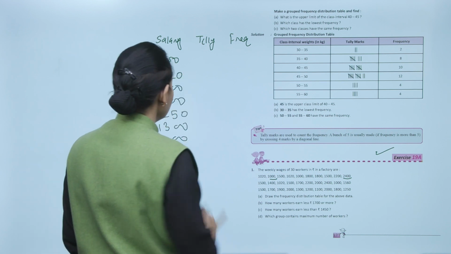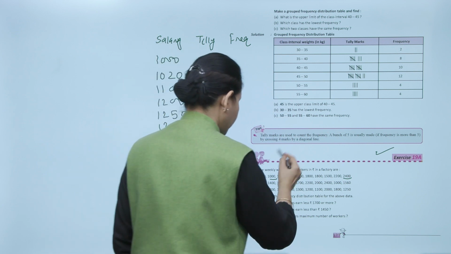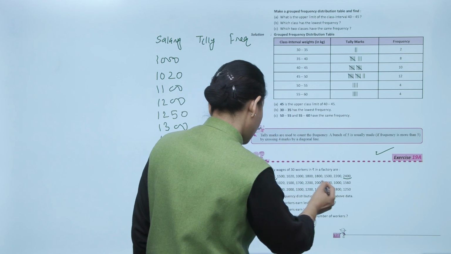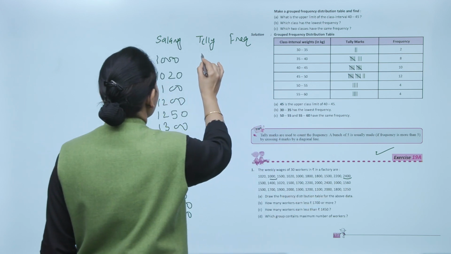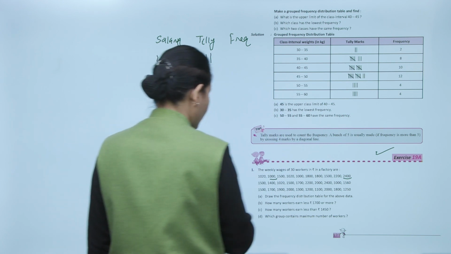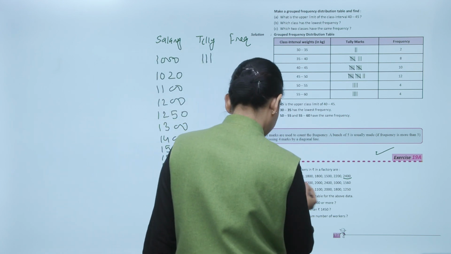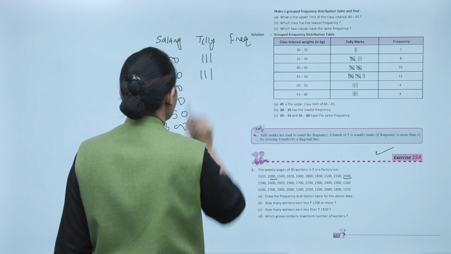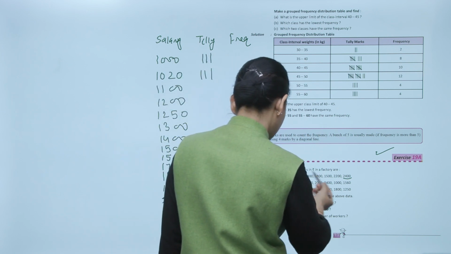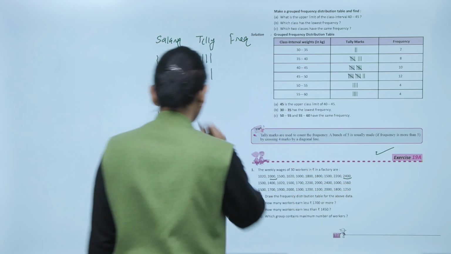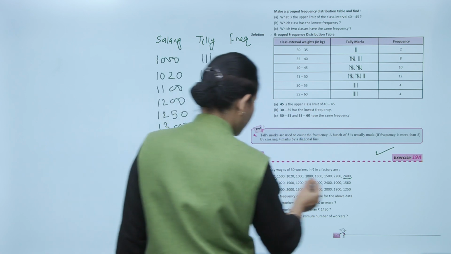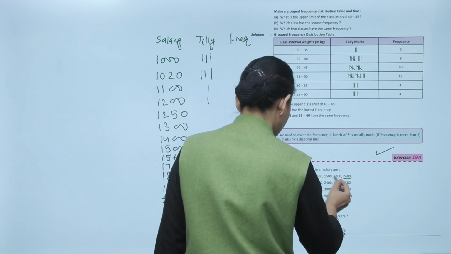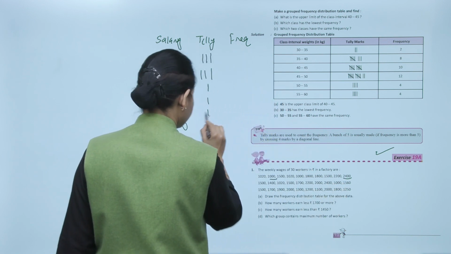So how many times does 1000 come in the table? We see 1, 2 and 3. So write 3. 1020: 1, 2 and 3. So write 3. Then 1100, it is one time. 1200, one time. Then 1250, again 1.